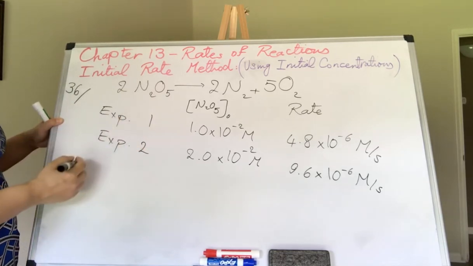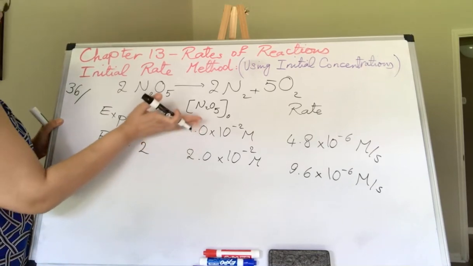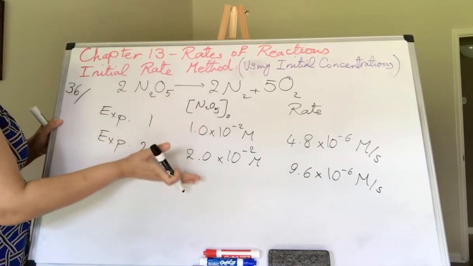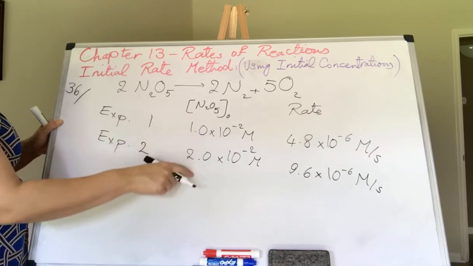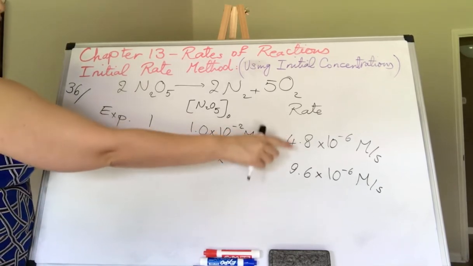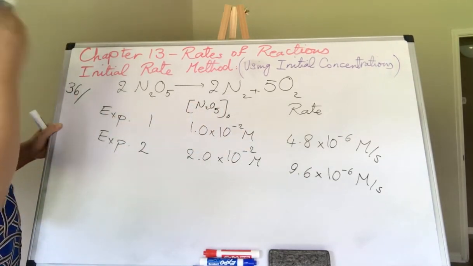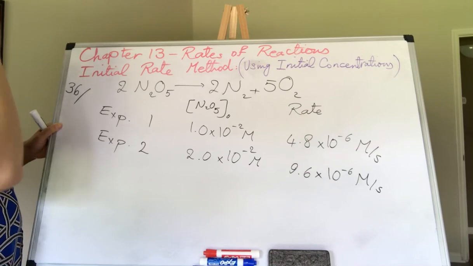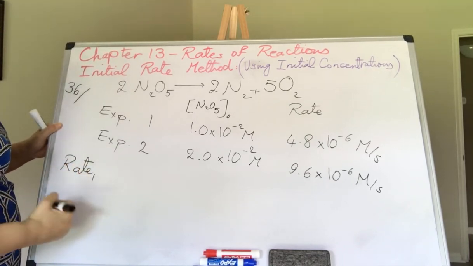Even before doing any calculations, you can see that by doubling the concentration from experiment 1 to 2, the rate of the reaction doubles. But if you need to write the rate equations, let's write them first.